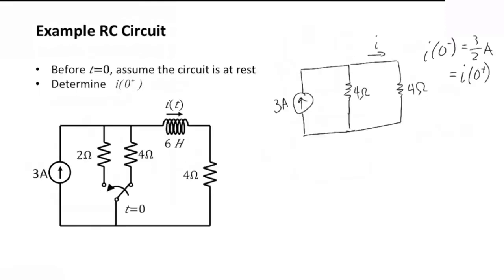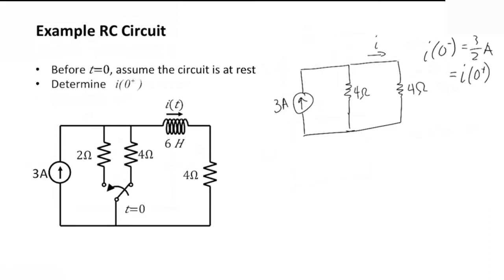Prior to the switch change, we have a 4 ohm resistor in the middle branch. We also have DC steady state conditions, which means that the inductor is replaced by a short circuit, and we still have the other resistor of 4 ohms.